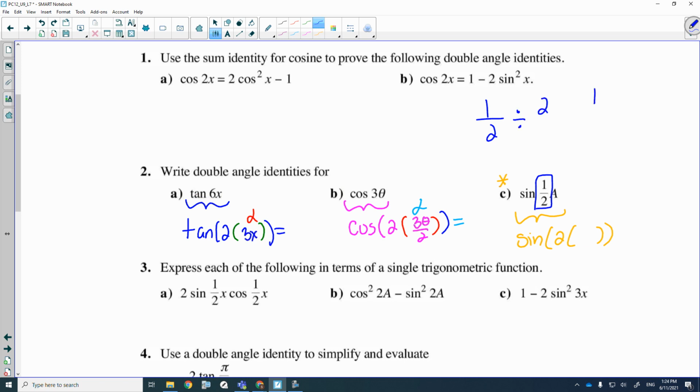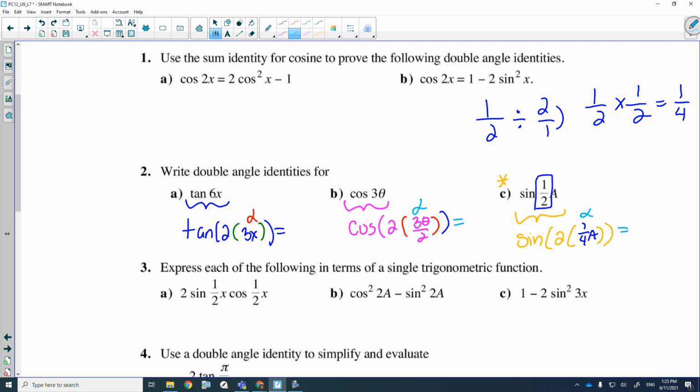That is the exact same thing as 1/2 times the reciprocal of 2, which is 1/2. A half times a half is a quarter. So if I took this argument of 1/2 A and I divided it by 2, what I would get is 1/4 A. And that would be your alpha.